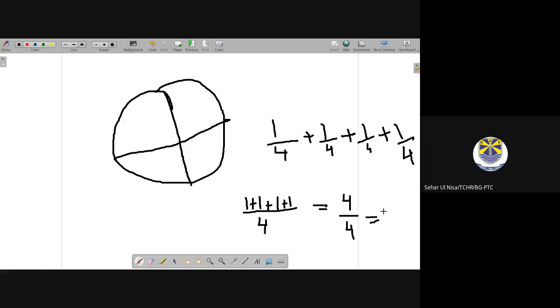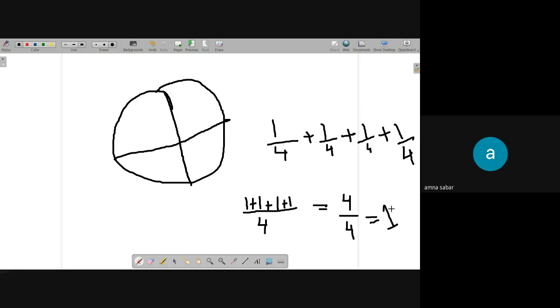That will be equal to 1. 1 means whole. So if there are seven people, if you divide a pizza into seven pieces, everybody is going to get one piece of pizza. When they return that piece and put it back into the plate, the seven pieces will come back and it will become a whole pizza. Is that clear?